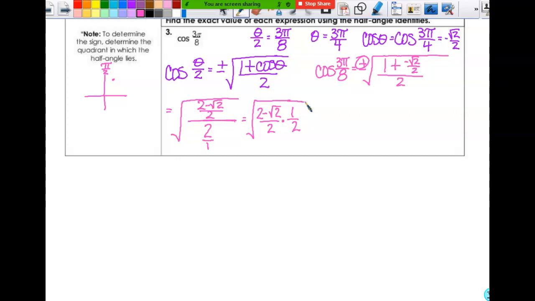And those of you that are not actually writing down the reciprocal when you're multiplying, some of y'all are canceling things out at the wrong places. So this is equal to the square root of 2 minus the square root of 2 over 4. Just like any time you take the square root of a fraction, you can take the square root of the numerator and the square root of the denominator separately. So this is square root of 2 minus the square root of 2 over 2. That is the cosine of 3 pi eighths.